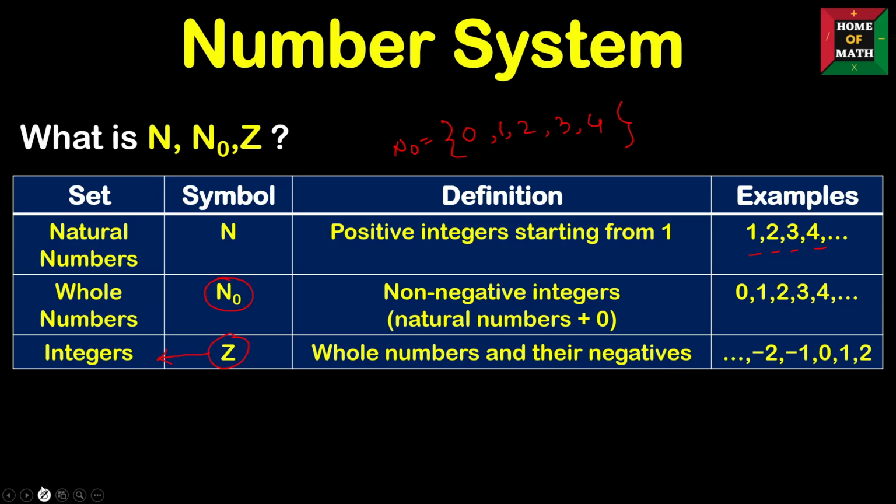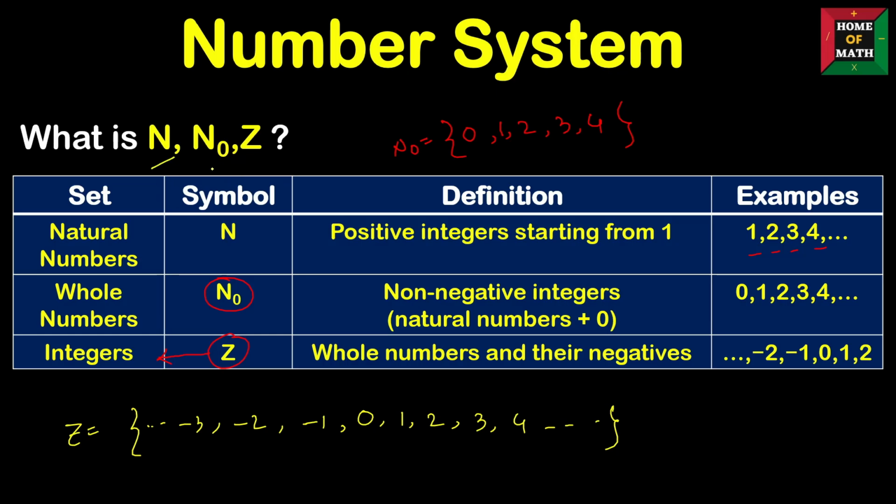So how can we express this? Whole numbers are 0, 1, 2, 3, 4, like this, and for integers we include -1, -2, -3, like this, and we denote this by Z. So before starting the math or question answers, we have to know about N, N0 and Z.